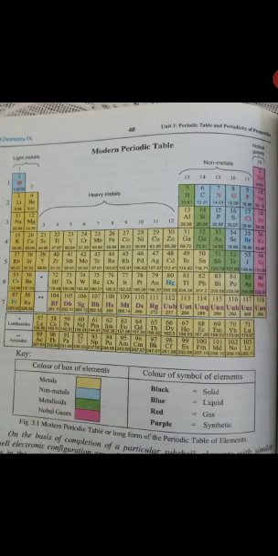We have already studied the periodic table in chapter number 3, and if you see, metals are found on the left side, while the non-metals, which are shown in blue color, are on the upper right side of the periodic table. Metals have different properties than non-metals.